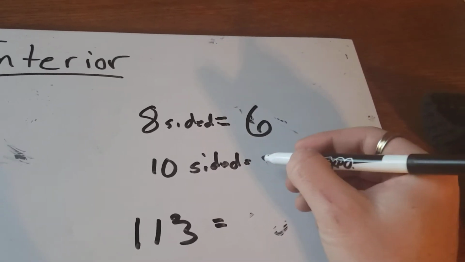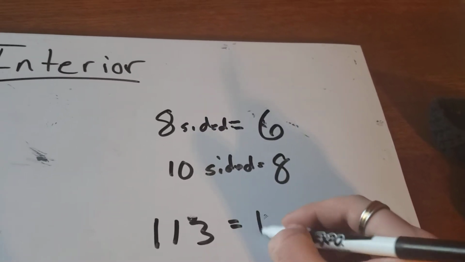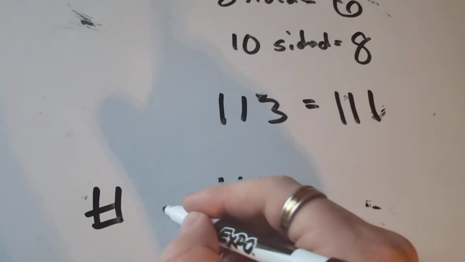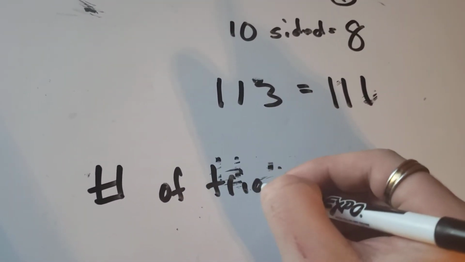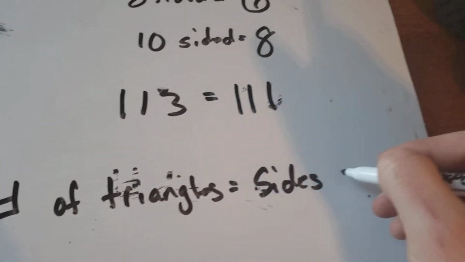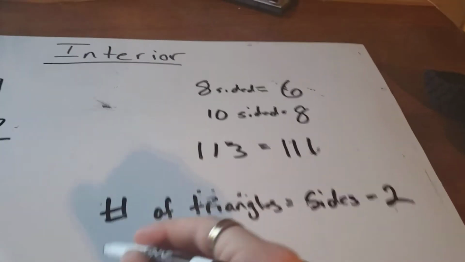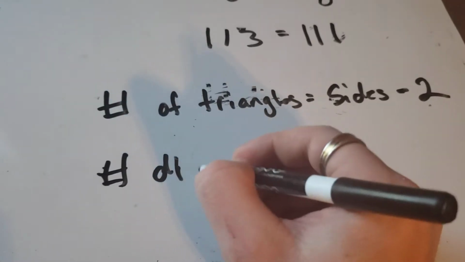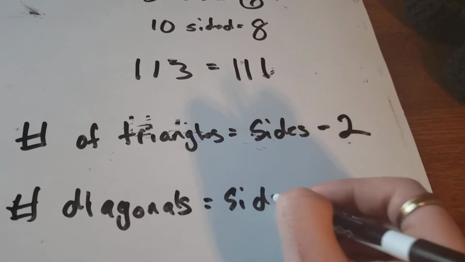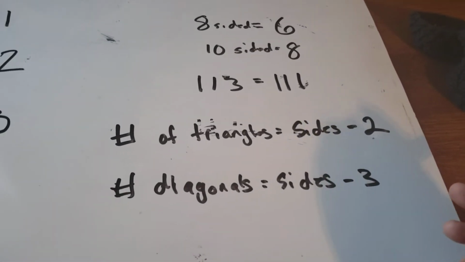How many triangles is it going to have? 8. 113-sided shape. How many triangles will it have? 111. So the number of triangles is the number of sides minus 2. So there are 2 major shortcuts. Number of diagonals is the sides minus 3. Number of triangles is the sides minus 2.